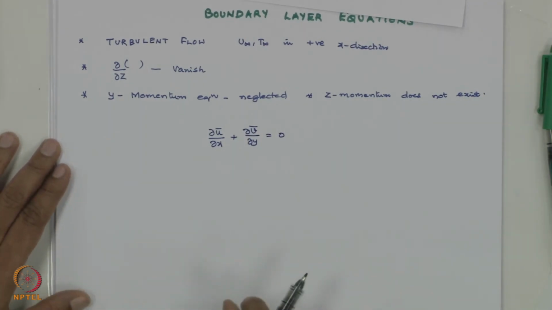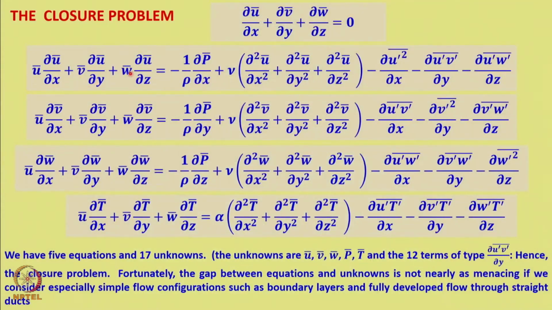Now, if we take the momentum equation which we have derived, in the previous slide you see that on the left hand side w bar is not there and the del by del z term is not there.